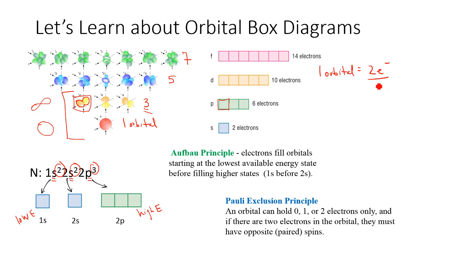When those 2 electrons are existing together in an orbital, they have to have opposite spins. So I drew crazy little pictures like this on the first slide, but they've simplified this notation. And so if we want to show opposite spinning electrons, the convention is I draw an up arrow with just a half arrowhead there to indicate there's a positive spin, and then a down facing arrow to indicate there's a negative spin.